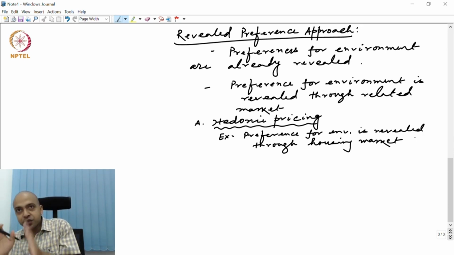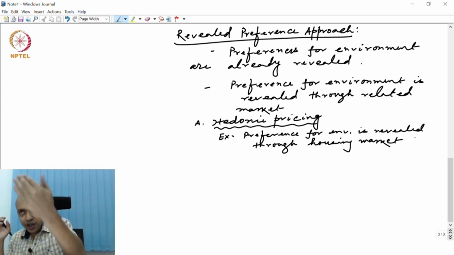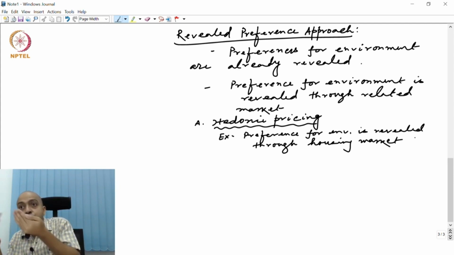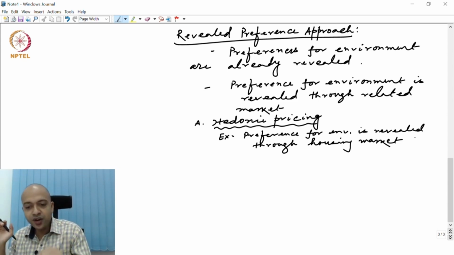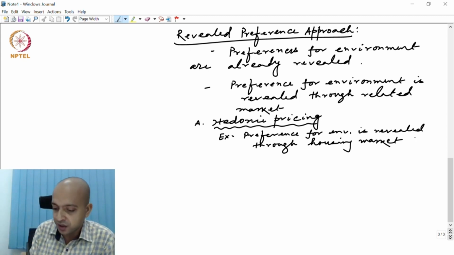One is apartment specific or house specific, and second is neighborhood specific. Now, in the neighborhood specific factors, one important factor is environment. So, just by collecting the price of a house, we can understand what premium the respondents are paying for the better environment, and that shows the respondents' preference for environment, and that is how preference for environment is revealed through this housing market. So this is the first approach under the revealed preference category.